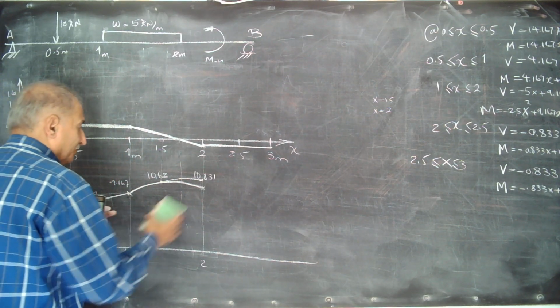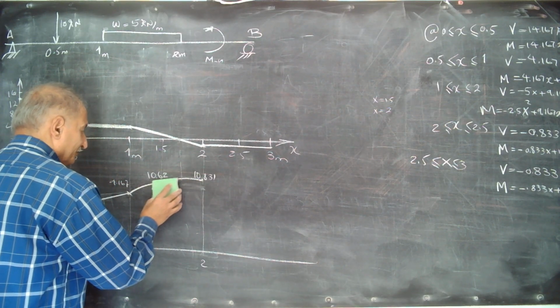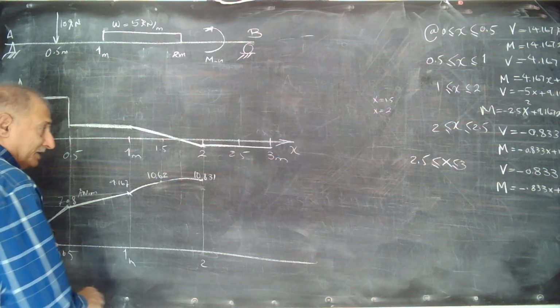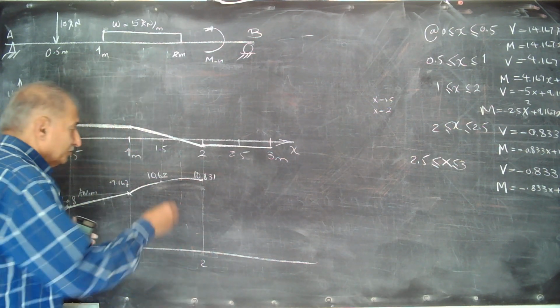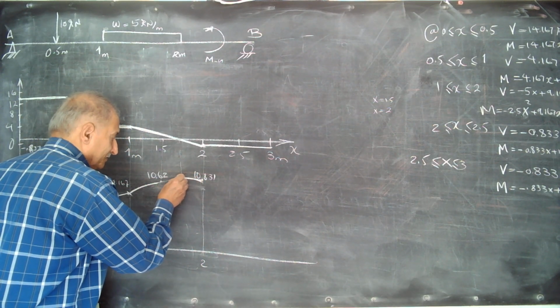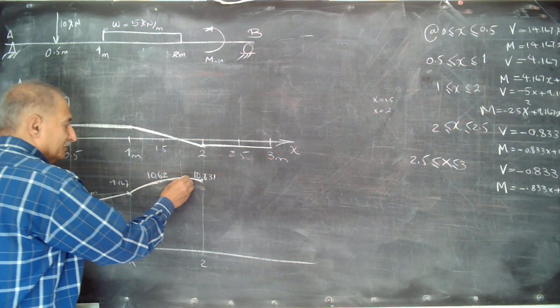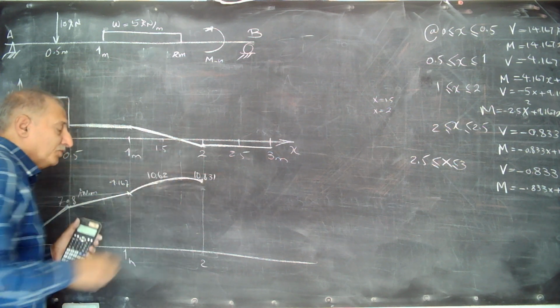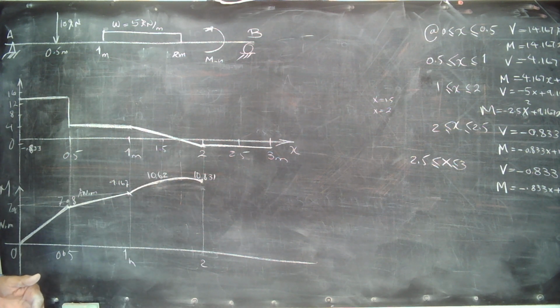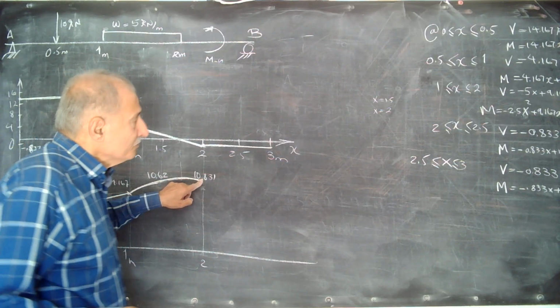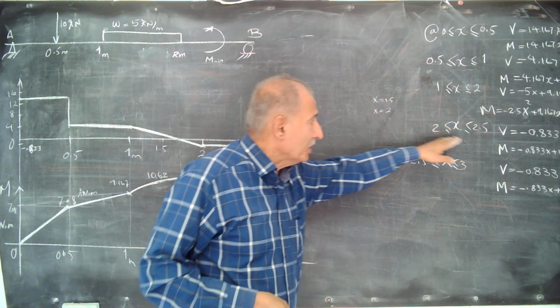If you want to draw the exact shape, the maximum should be here, because V is 0. Then we have this point at 2 and 2.5.